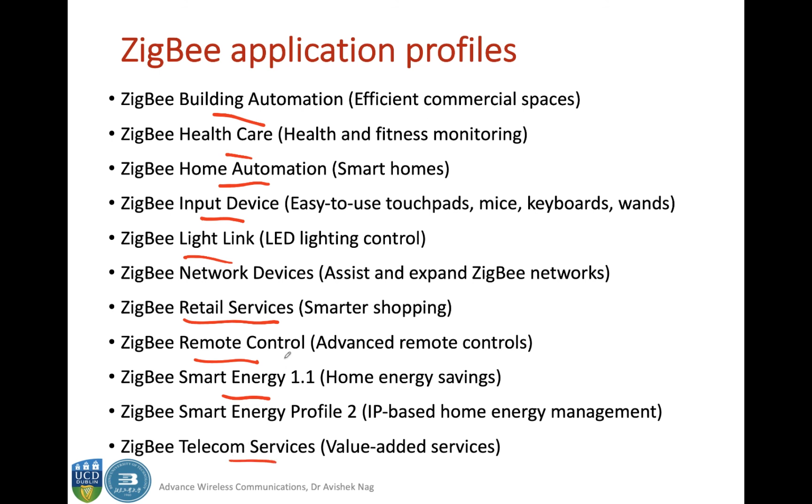So there can be many applications of ZigBee in Internet of Things type of applications, and I'll show you a video right after this to emphasize this aspect of ZigBee.